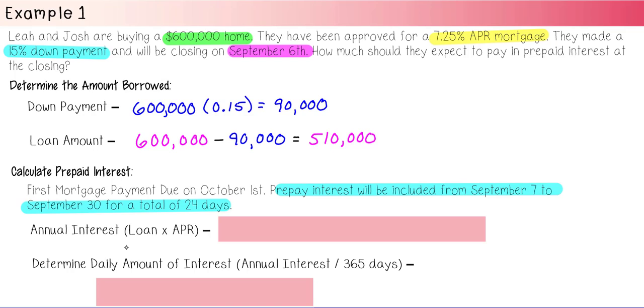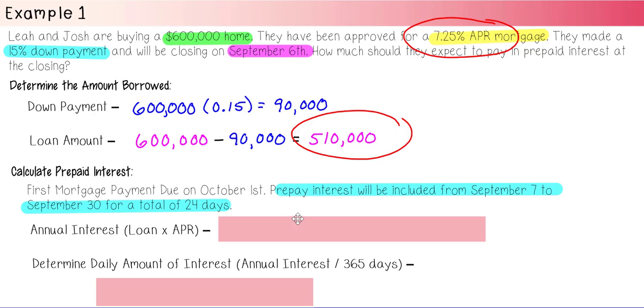So you would use annual interest to determine the interest amount. You would take the amount of the loan, which is $510,000, and multiply it times the annual percentage rate.